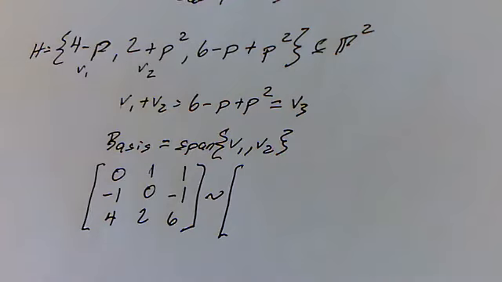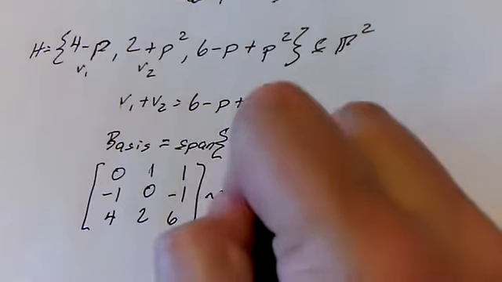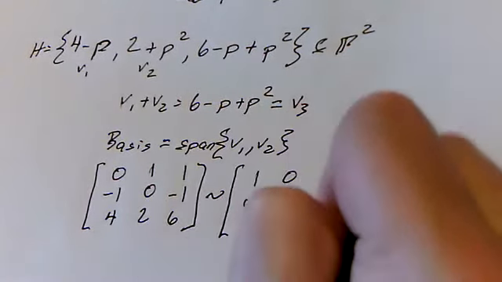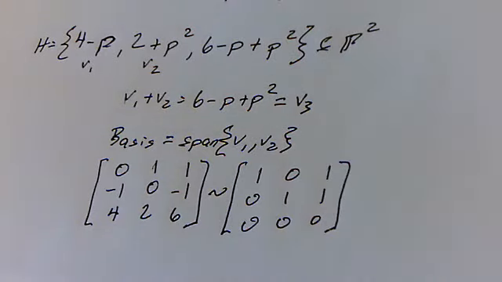So take your calculator or your favorite row reduction method. You can use websites, so forth. There's lots of ways to row reduce. You can use row operations. Switch the rows around as needed. Row reduce that, and you should get 1, 0, 1, 0, 1, 1, and then all zeros along the bottom row.